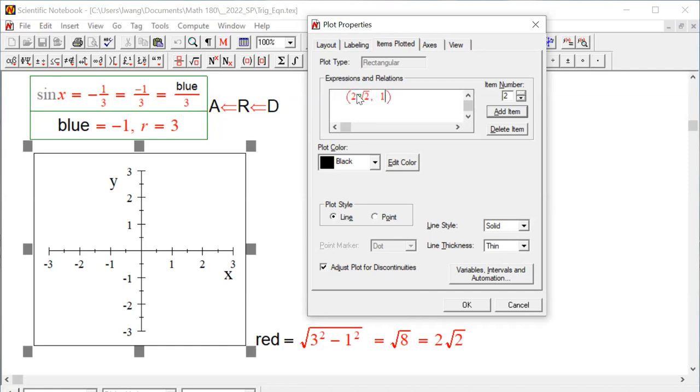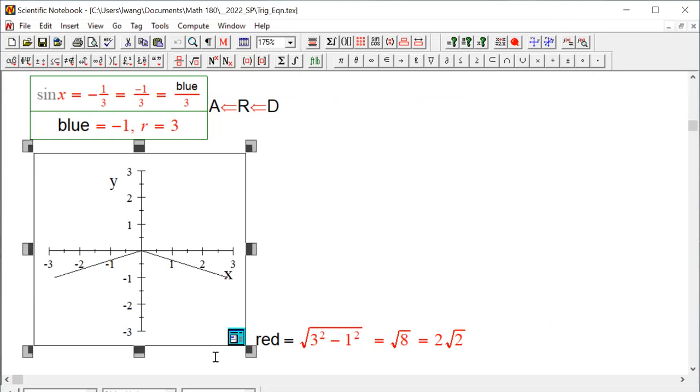So that's 1 point on the terminal, and this will be the terminal. And there will be another one right there. 2 terminals identified, right?